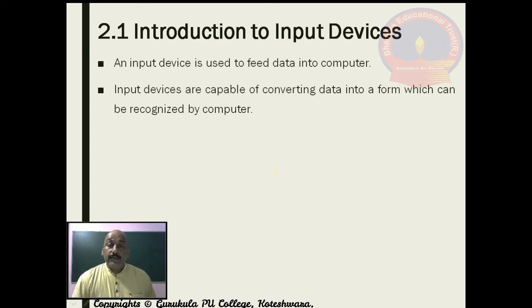Whereas a computer will understand only machine language, the machine code. So, my dear students, as soon as you input the data, these input devices convert that data to machine code, and this machine code will be understood by the computer. This is the capacity your input devices have.